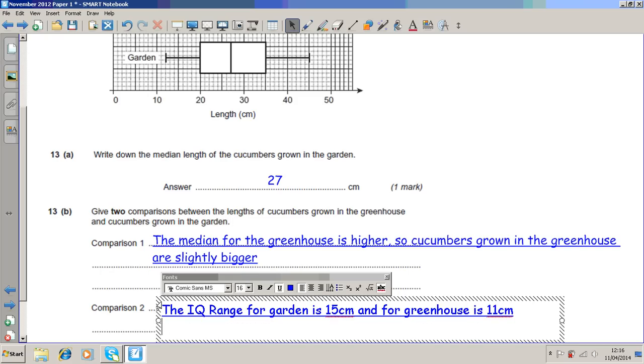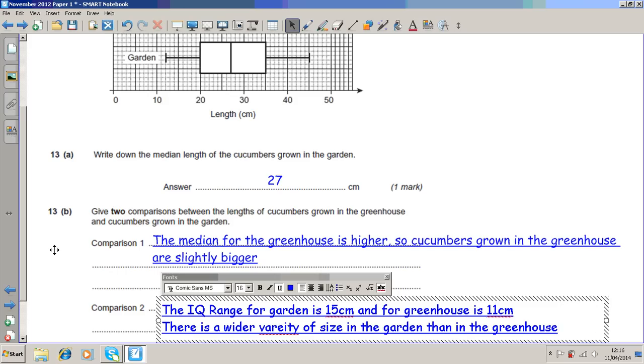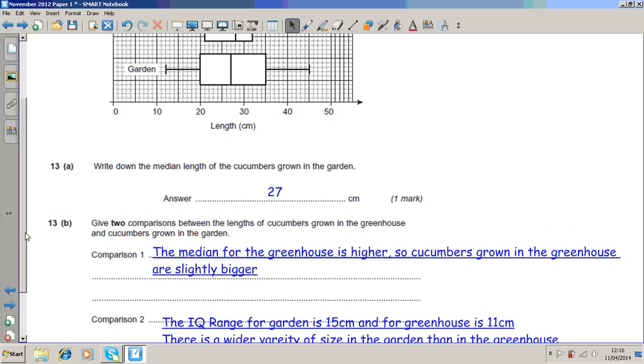So there is a wider variety of size in the garden than in the greenhouse. There we go. Something along those lines would do.